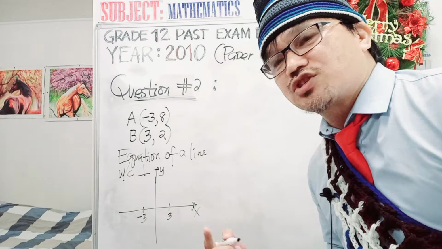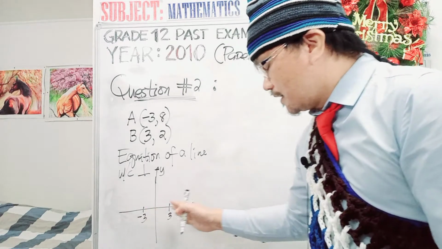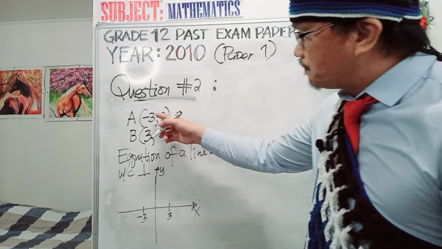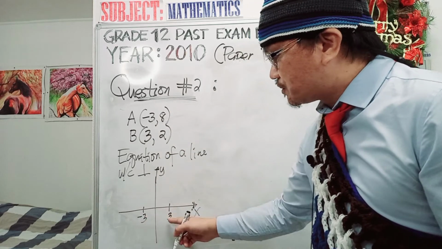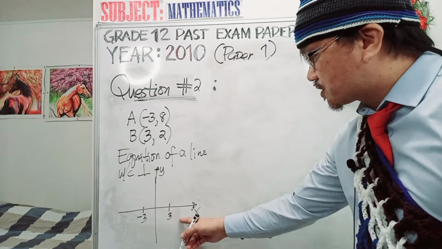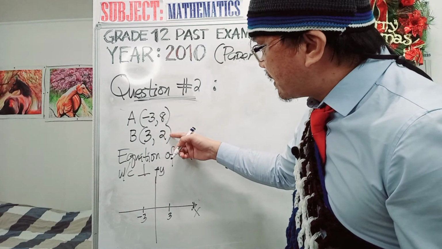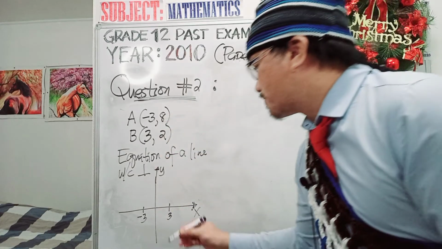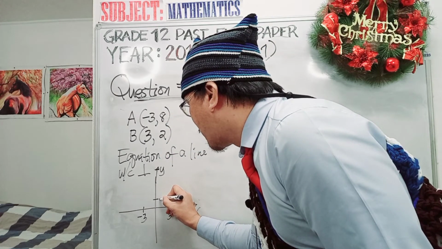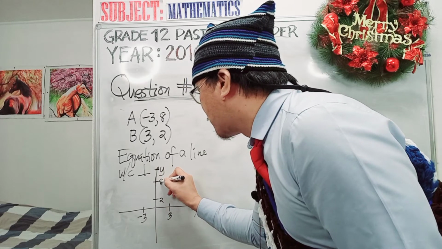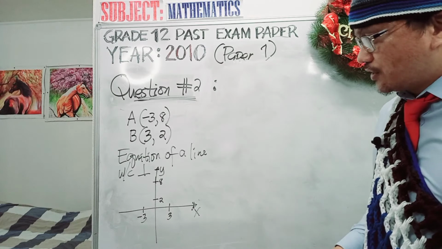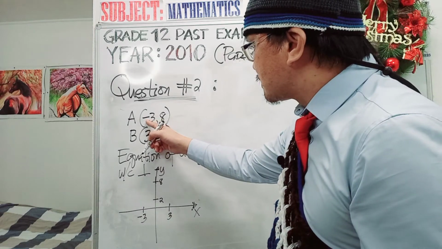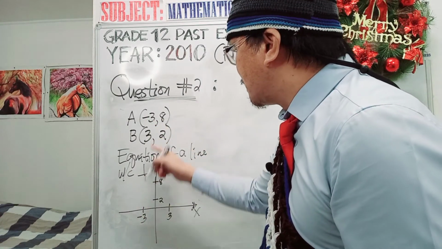Remember that you don't have much time to make the interval or scaling, so it is better to keep it simple. I have a negative x value, so that's why I have illustrated negative 3 and positive 3 along the x-axis. On the y-axis, the values are all positive, 2 and then 8. So I could have 2 over here, and assuming that this is my 8. Therefore, when x is negative 3, y is positive 8.